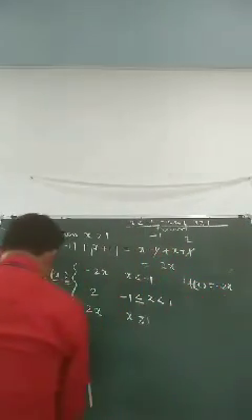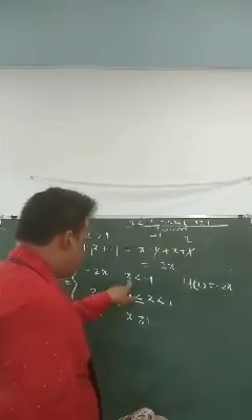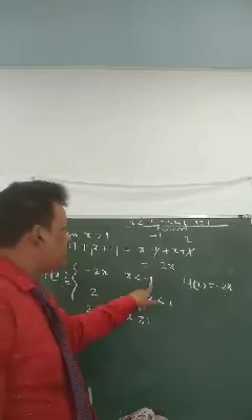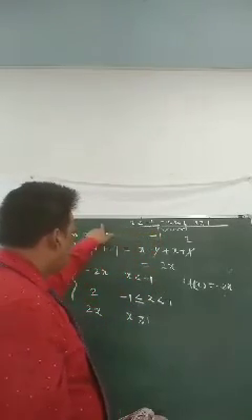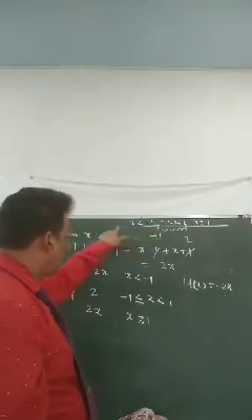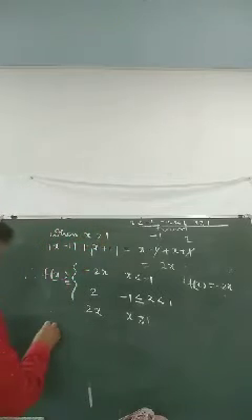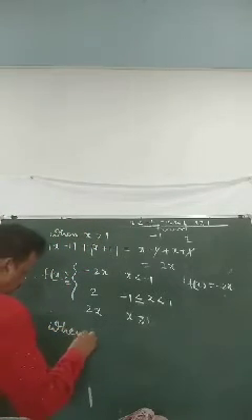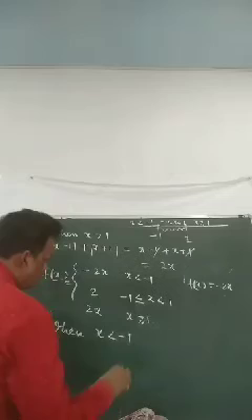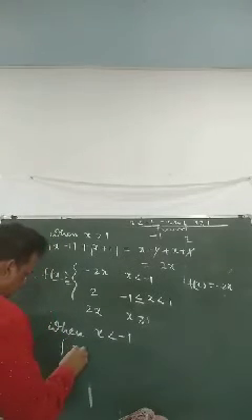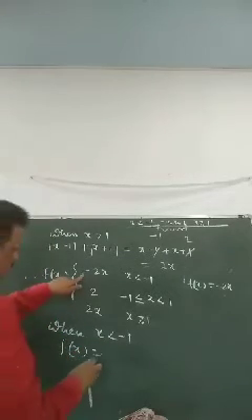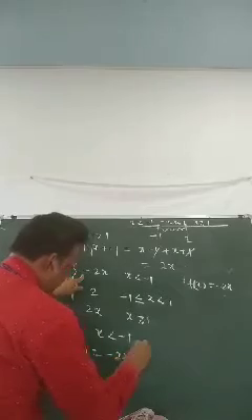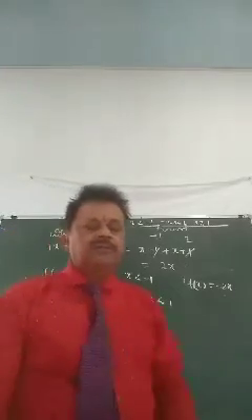Okay. See now, when I say x is less than minus 1, x is less than minus 1 in this interval. When x is less than minus 1, what is our f(x)? The minus 2x. What is minus 2x? This is a linear function.